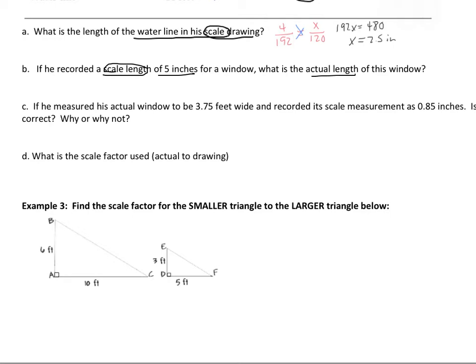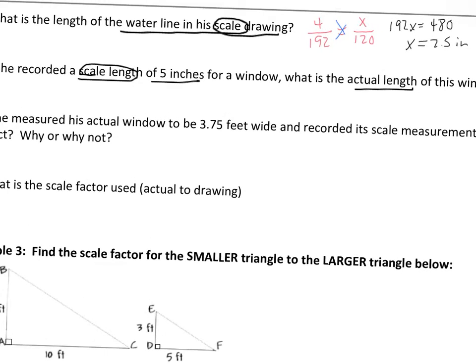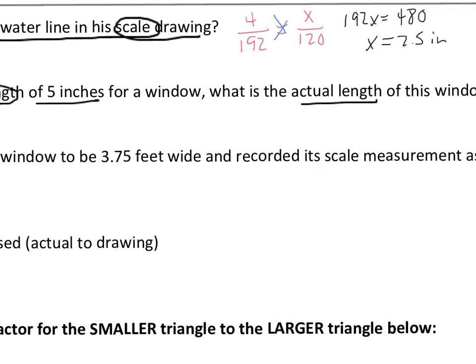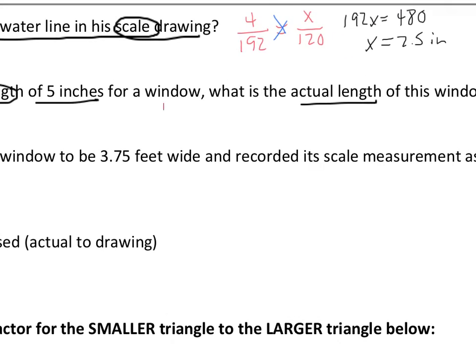Now the nice news here is that we can continue to use the same ratio every time. So I'm just going to go ahead and use 4 over 192 again. But I have to remember what information I'm given and what I'm looking for. Again, in this case, they give us the scale size. So remember, the 4 represents the scale drawing, so I have to put the 5 above.